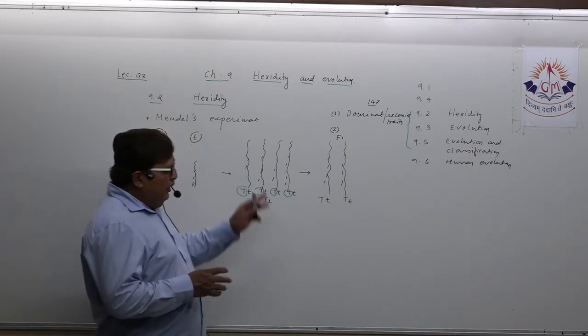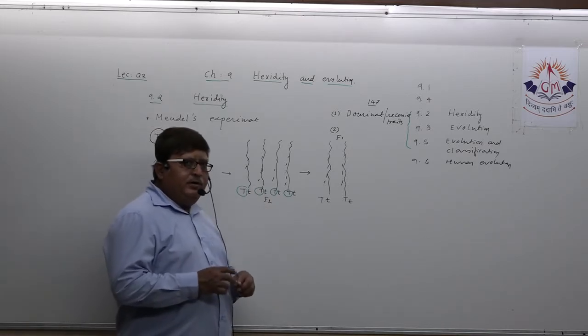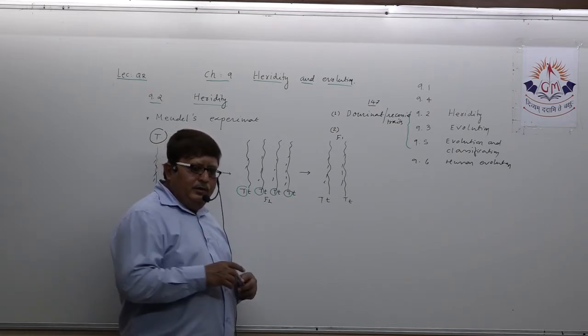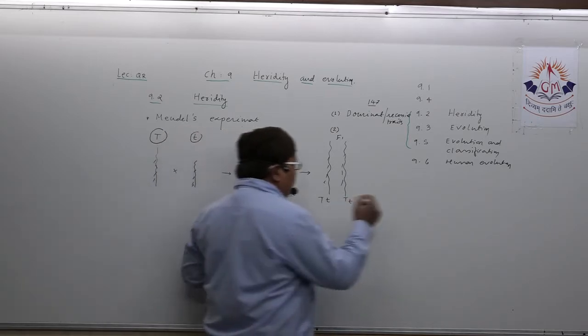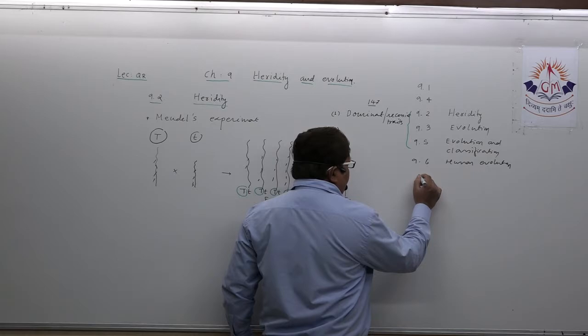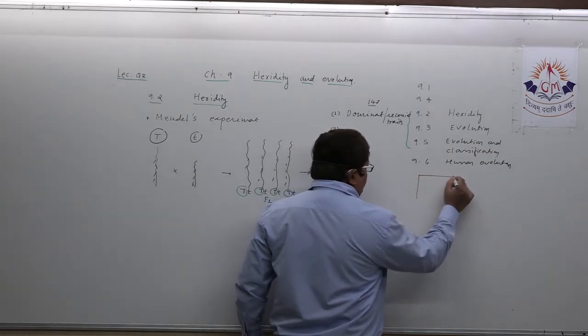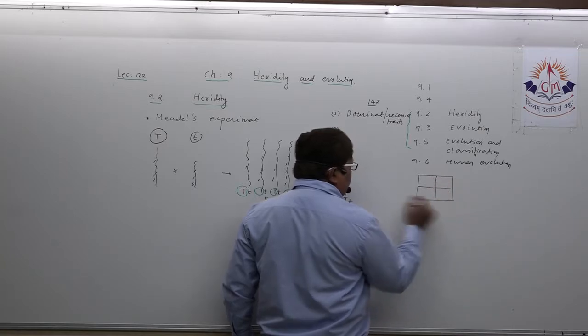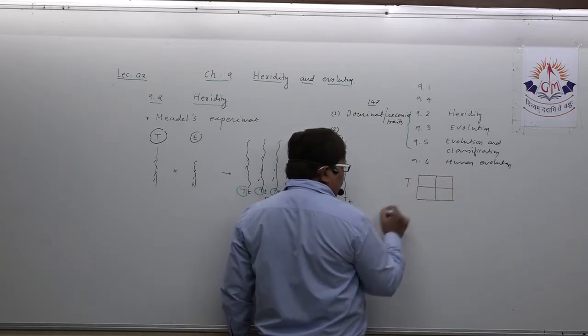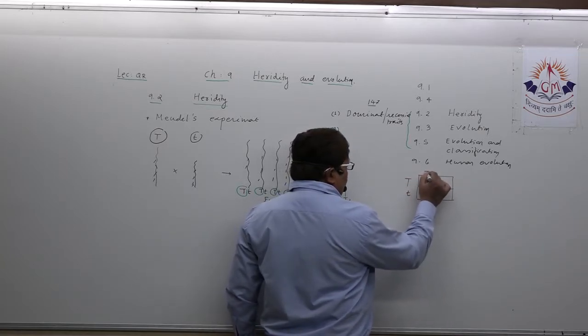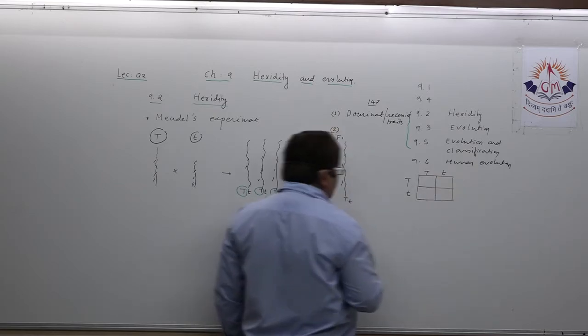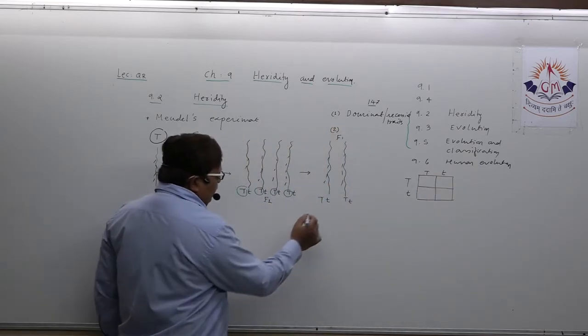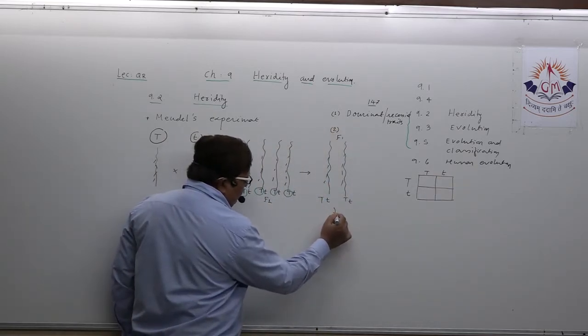Understand how we must have mathematically calculated. Somewhere in my regular lecture, I have shown you. Suppose you make a mathematical probability table. Okay, here you write T. Here you write T. Understand what happened in the next generation.